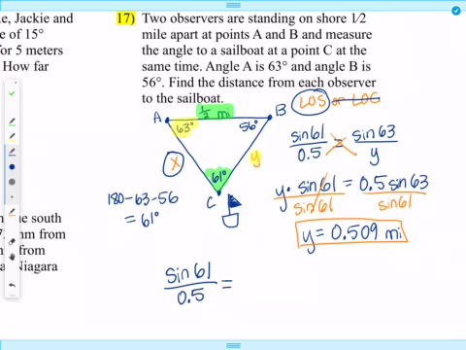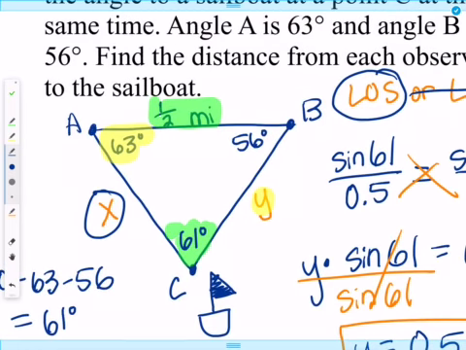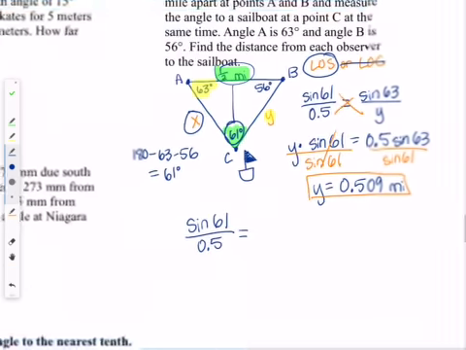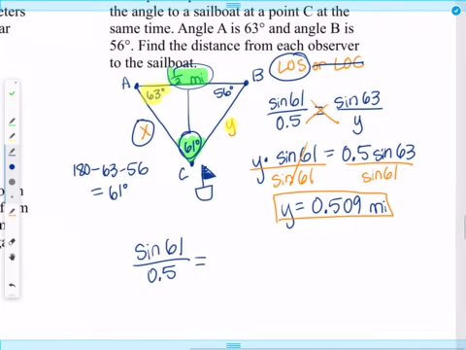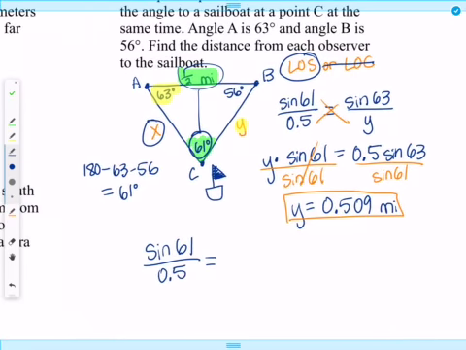I chose to use that instead of using 63 and Y because the Y is what I just found, and I could have made a mistake when I found that. So I'm going to stick with the ones that they gave me that I'm pretty sure are correct. I'm hoping I didn't make a mistake when I subtracted and found 61. So I'm going to stick with those two. And I don't have a rounded answer I'm working with or anything like that.